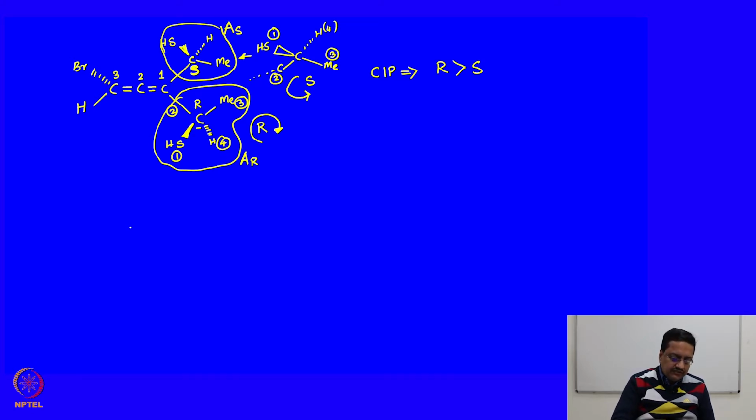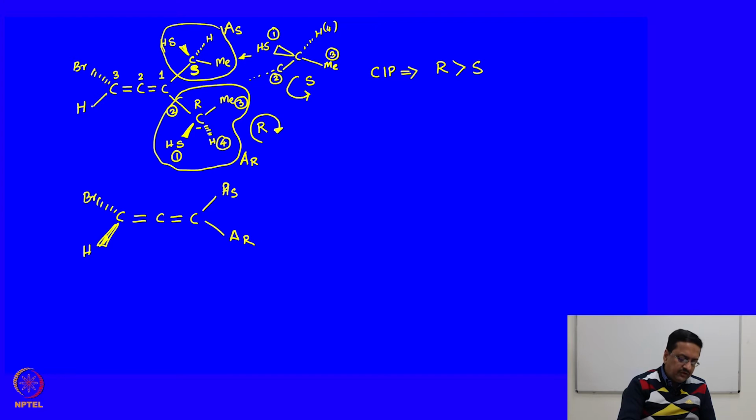So, if we draw the molecule now without drawing the large groups as they are, we write AS and AR and draw the other two atoms on carbon 3 as above and below the plane. Now, if we are looking at the molecule from this side, as you know, it does not matter from which side we look at a molecule, the absolute configuration does not change.